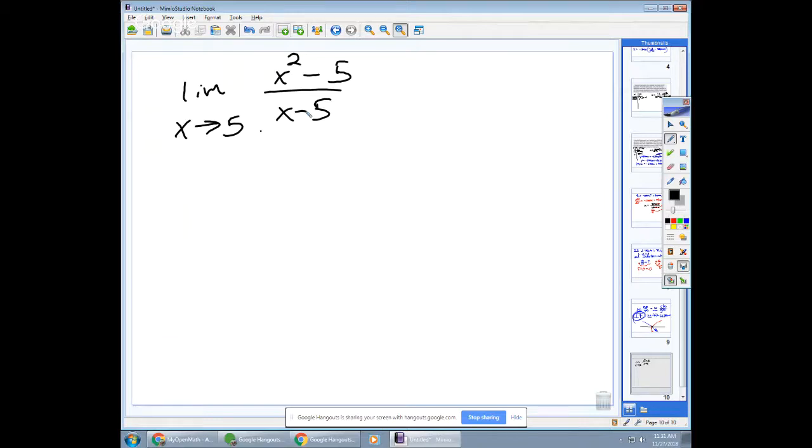So L'Hopital says, hey, you can take the derivative. Now, this isn't the quotient rule, right? I'm taking the limit at the top separate from the limit at the bottom. What's the derivative of the numerator? It's just 2x, right? And what's the derivative of the denominator? 1. So now L'Hopital's rule, so I'm going to put a little L there to indicate L'Hopital's rule says they're equal.